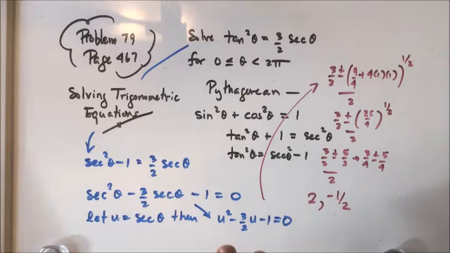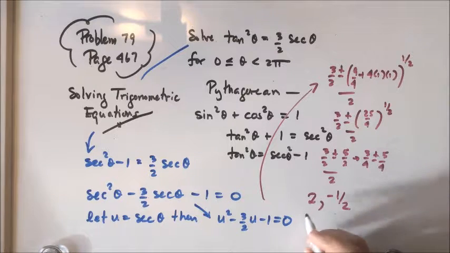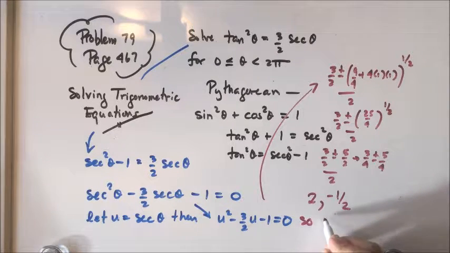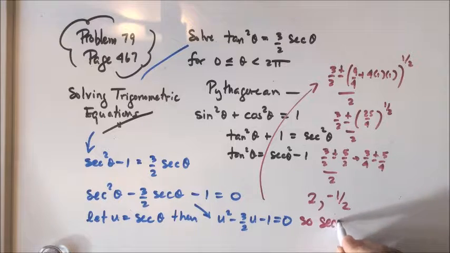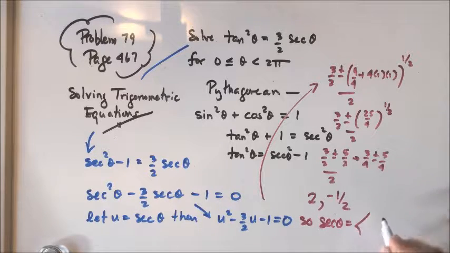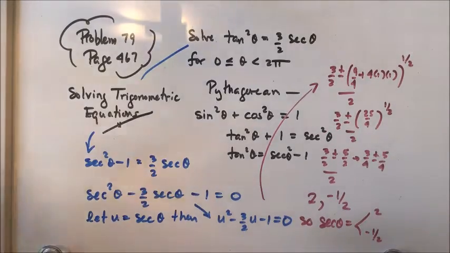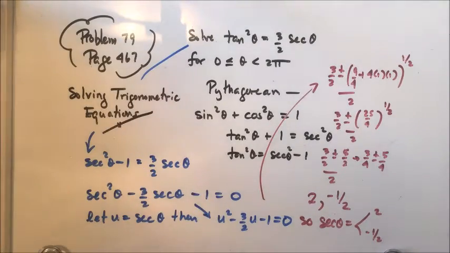So now I've got this. Secant theta is either equal to 2 or to minus 1/2. And I'm going to kind of give up here and just erase something to give us some room to deal with this very last part of this problem.